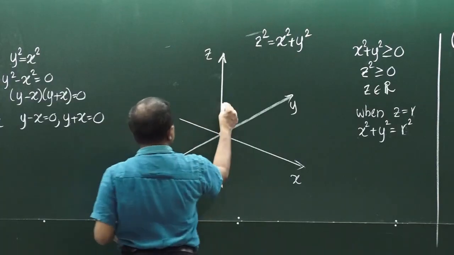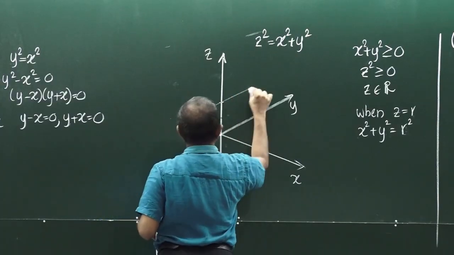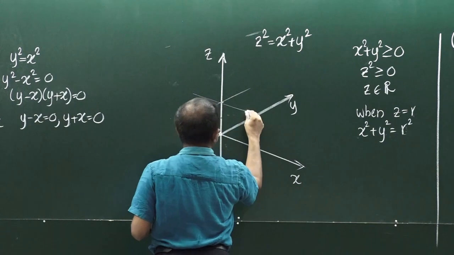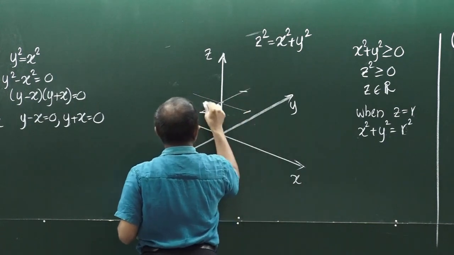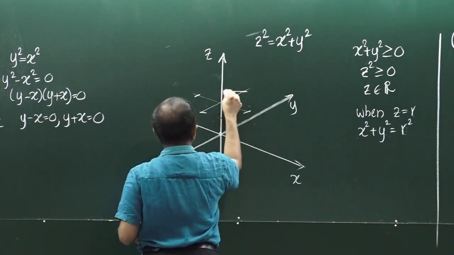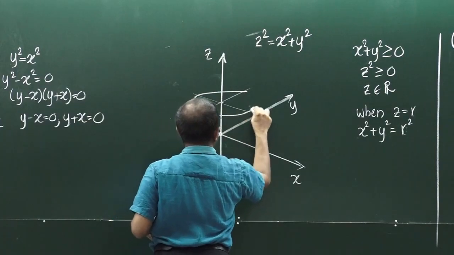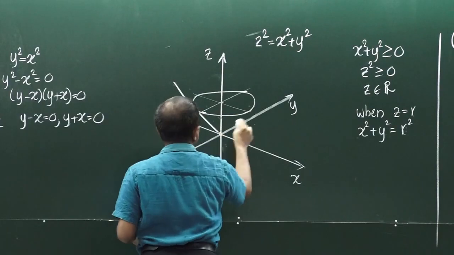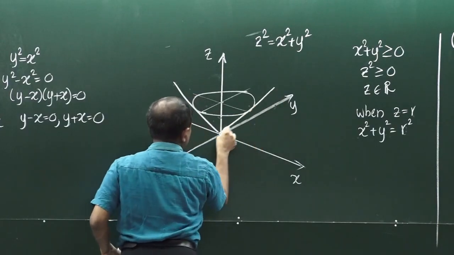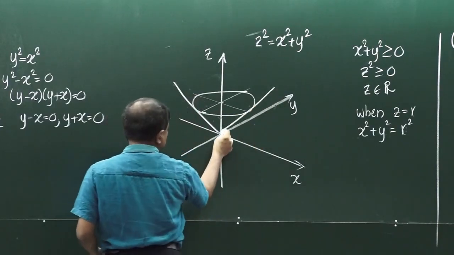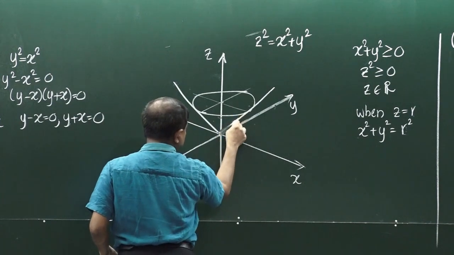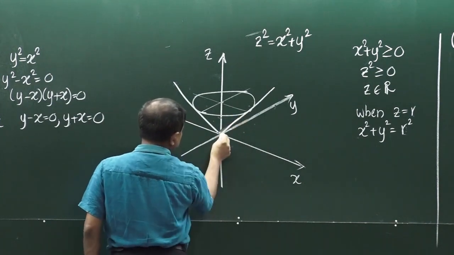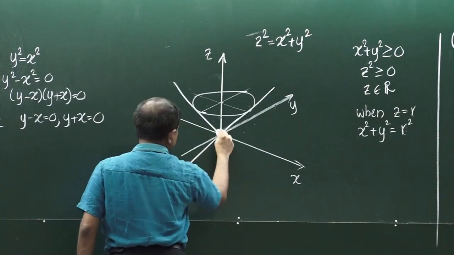So you can just take one plane like this. You can draw a circle there. It goes this way as well, but for the sake of simplicity, I will keep it like this. So if you want, you can draw it like this.